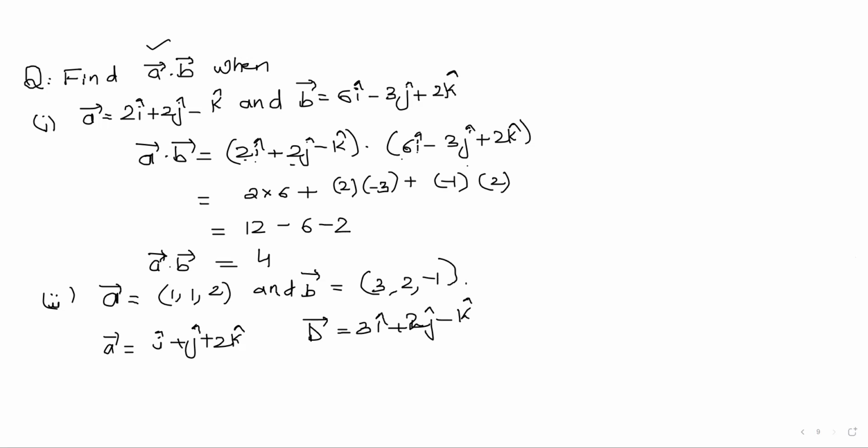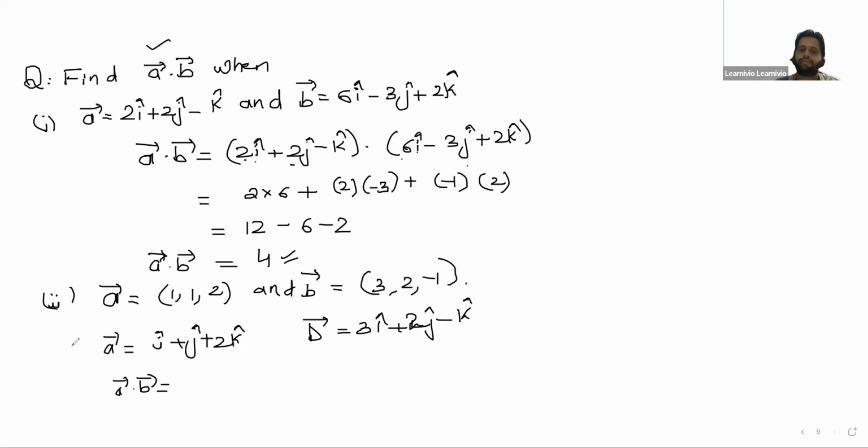Nabil, what's the answer? Nabil, again, it is incorrect. You have to find the dot product. Check here. Here the dot product was 4, not in terms of I cap, J cap, and K cap. Because when you find I dot I, you will get a 1. When you find I dot J, you will get a 0.